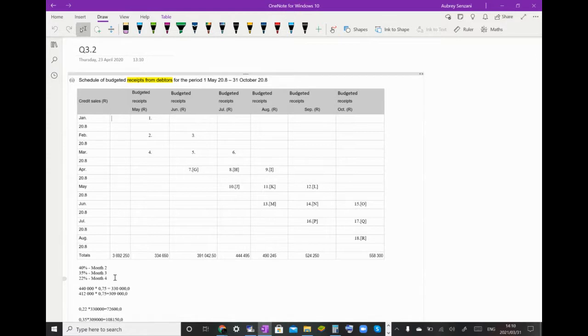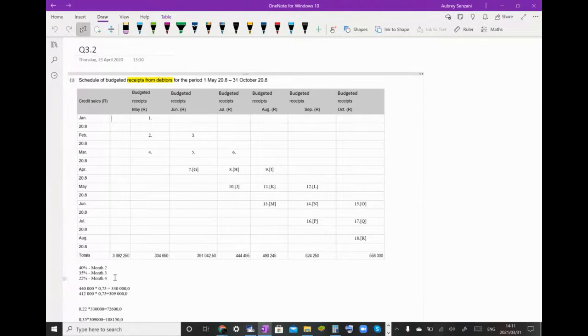Then 35% are collected in the subsequent month, in other words after 90 days. Then 22% are collected in the subsequent month, after 120 days. And 3% is irrecoverable. In other words, it's a loss. We're not going to get that back. Credit losses.